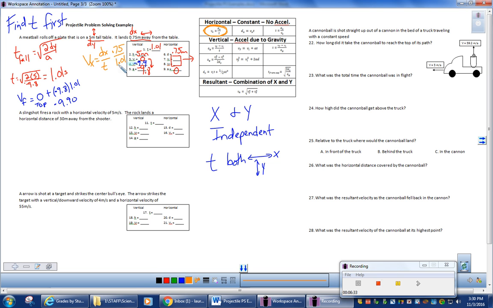So 0.75 divided by 1.01 is going to give us a horizontal velocity of 0.743, or 0.74 when we round. Again, because we're not accelerating, we're not decelerating, our horizontal velocity is always going to be constant. So both my initial and my final would be that 0.74 meters per second.